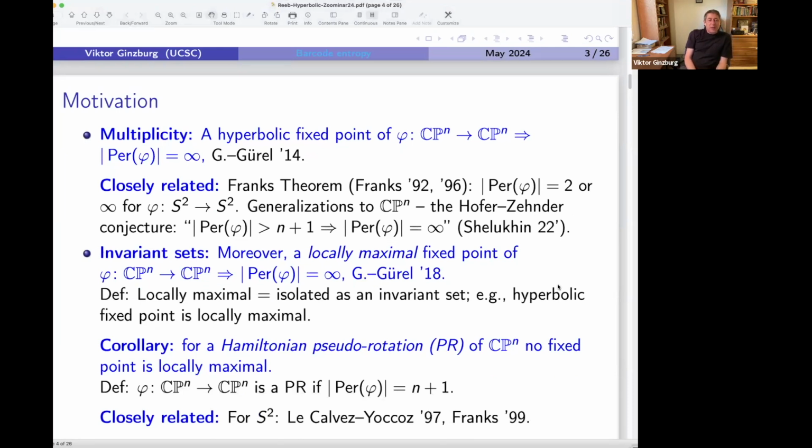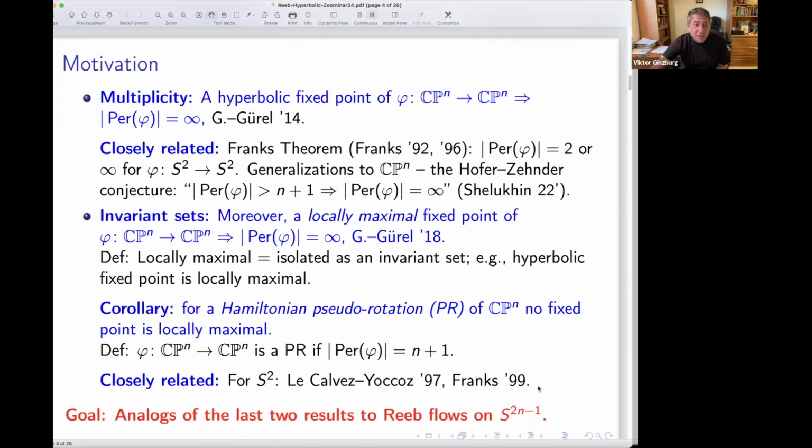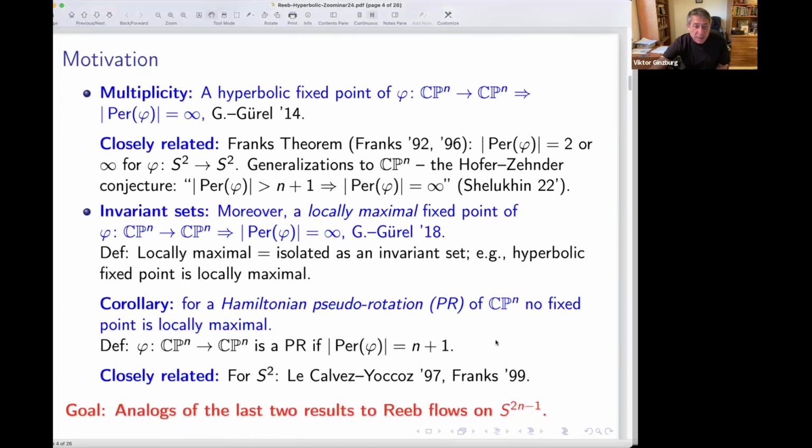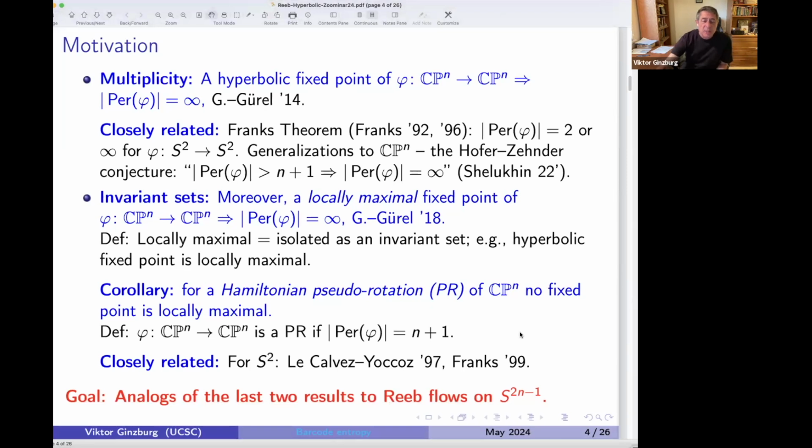Namely, in the previous theorem, one can replace a hyperbolic fixed point by a locally maximal fixed point. And again, to repeat, locally maximal fixed point means it's isolated as an invariant set. The corollary, or another way to look at the same thing, is that a Hamiltonian pseudo-rotation of CPN has no locally maximal fixed points.